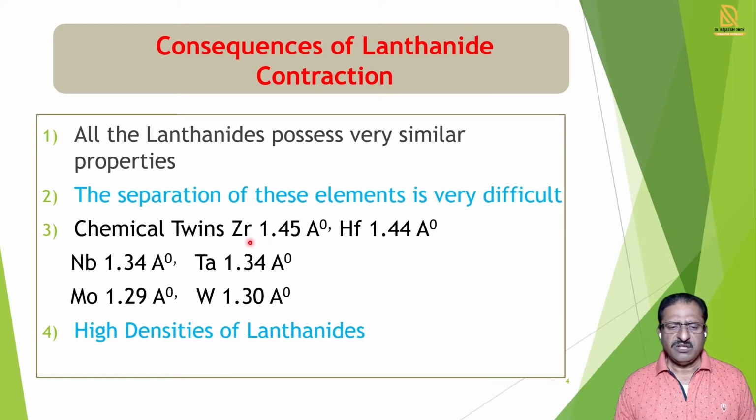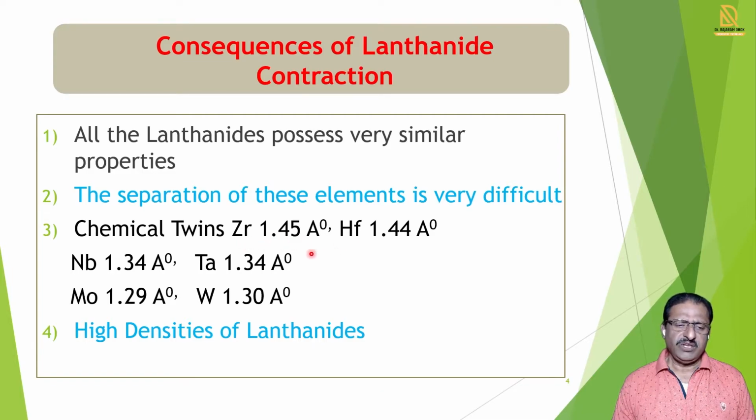So we say that zirconium and hafnium have the same properties, and because of that these two metals remain with each other. They are not separated from each other. Means when we extract zirconium, then with zirconium there is hafnium. So they remain with each other.